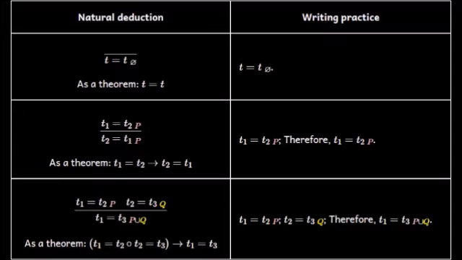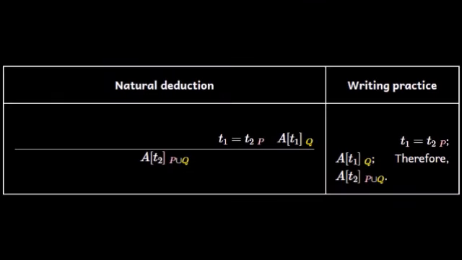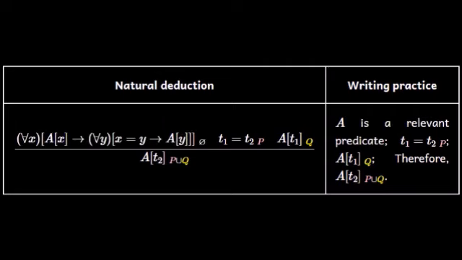In standard logic, we have the equality elimination rule, which tells us that if you have t1 equal t2, and you have A of t1, then you have A of t2, right? Well, in relevance logic, obviously we have this, plus the indexing shenanigans, plus the fact that A has to be a relevant predicate. So what does that mean?